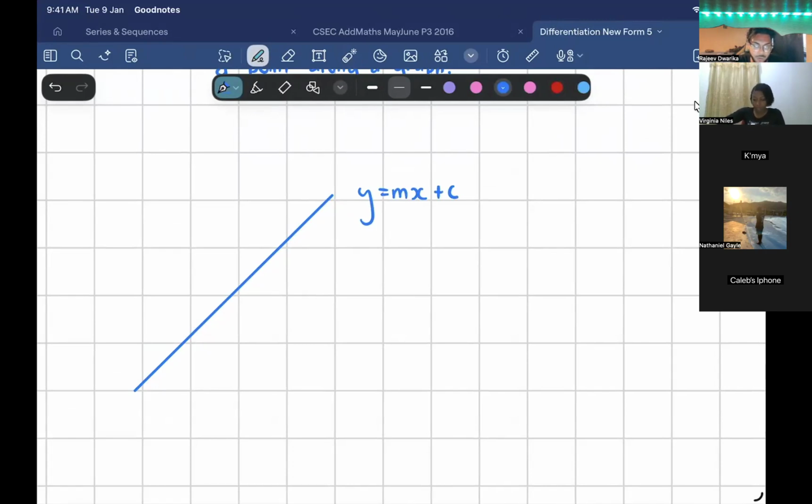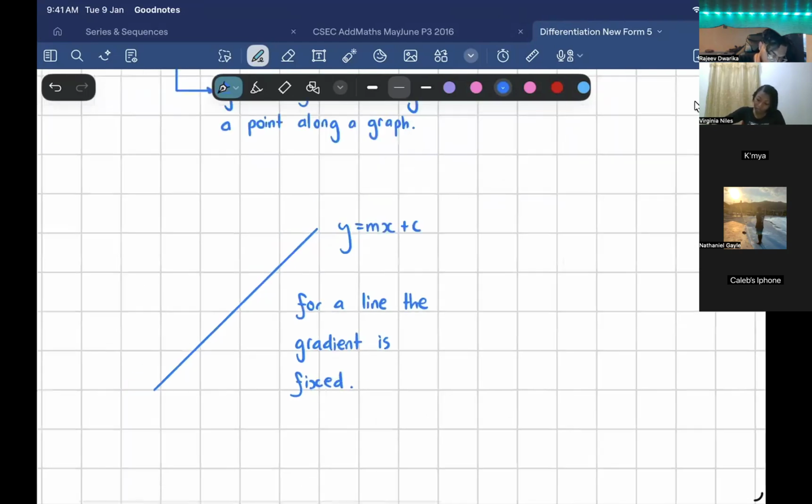No, the gradient is fixed. You don't need a function. So for a line, the gradient is fixed.